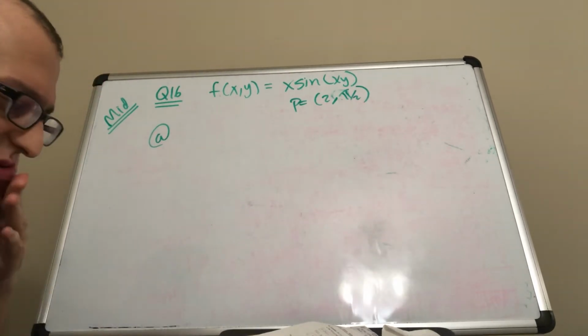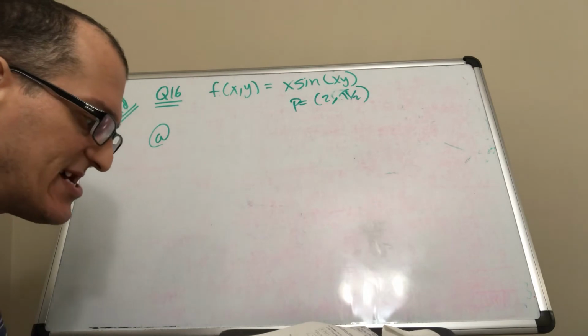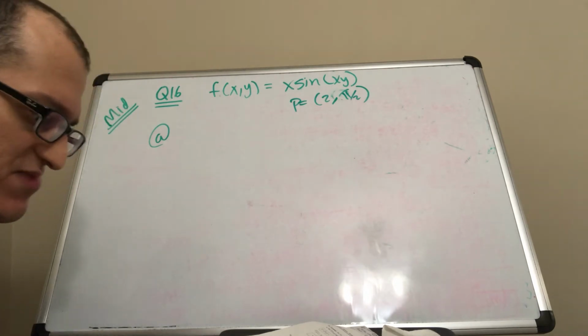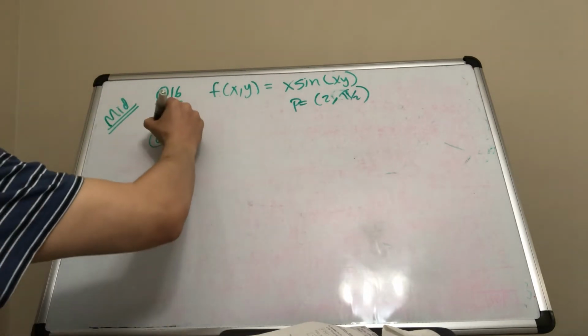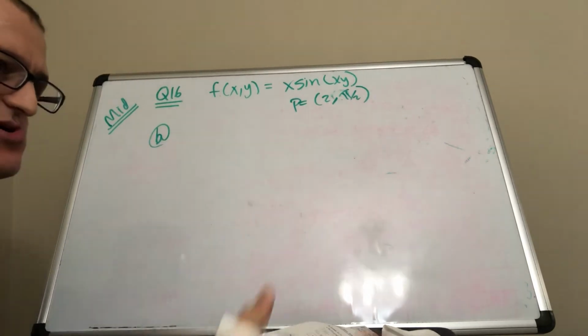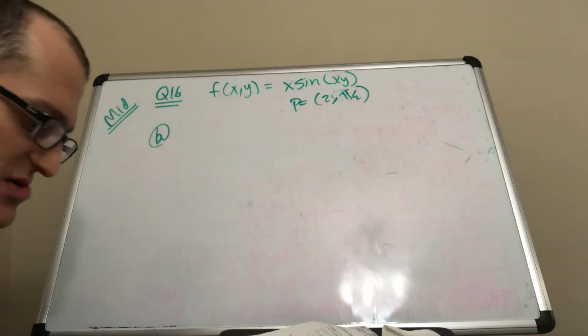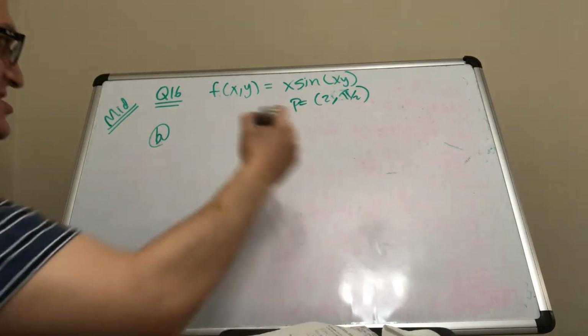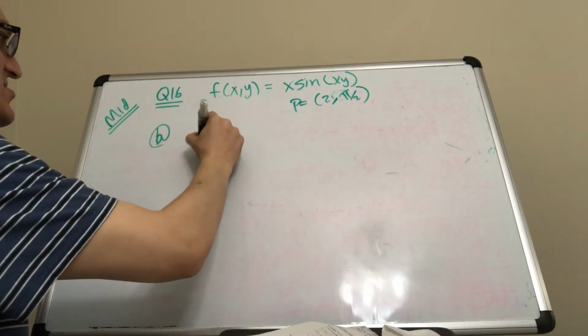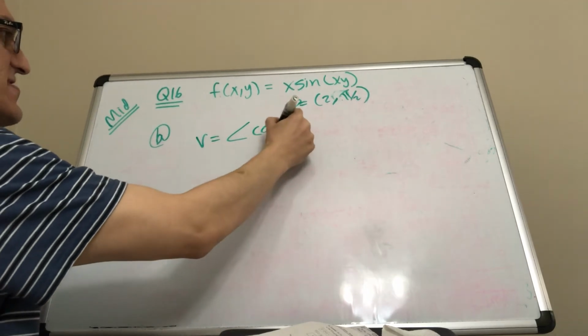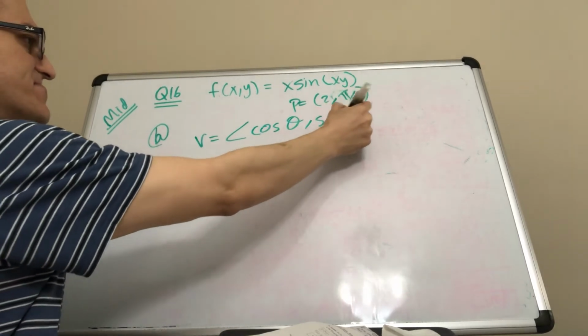Now, if you're doing it with an angle pi over 3, positive x, so if it's with an angle with x, you don't need to go pi over, if it's with the y, you go pi over 2 minus. So it's the angle, so the vector in this case would be cosine theta, sine theta.